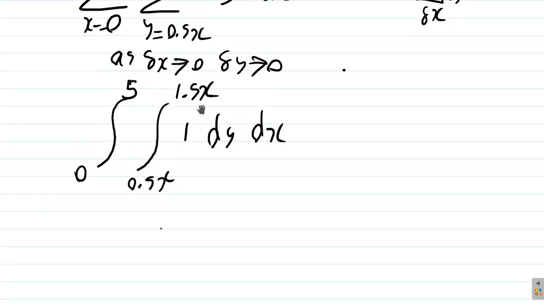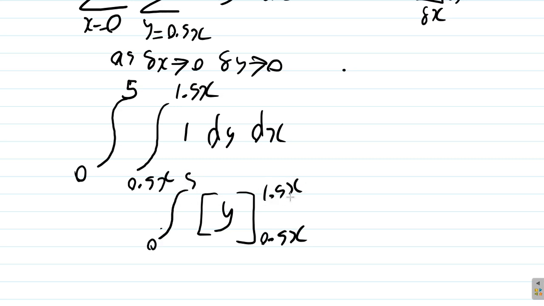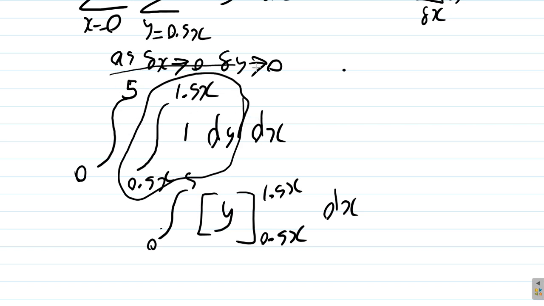But anyway, when we integrate 1 with respect to y, we get y. So this is y, and the boundaries are from 0.5x to 1.5x, and we're integrating from 0 to 5 dx. So we're doing this integration first, and then all of this one. All right?